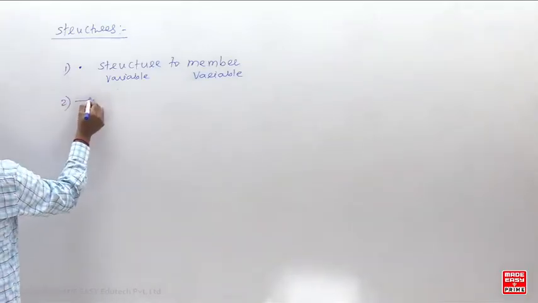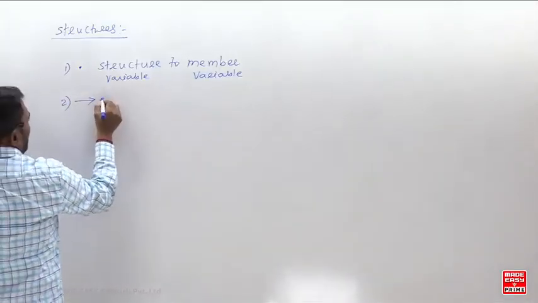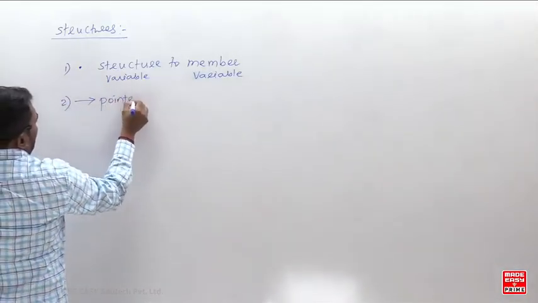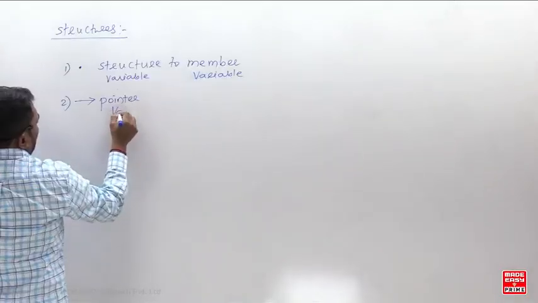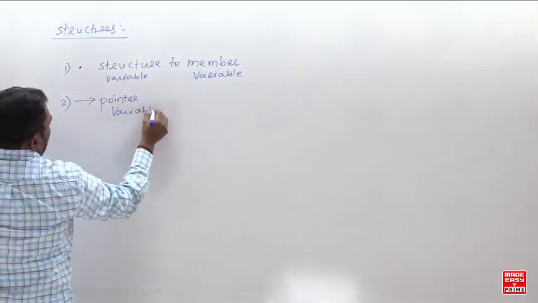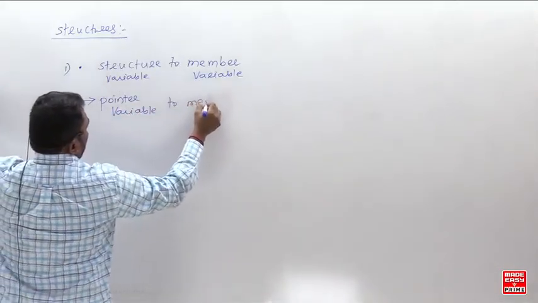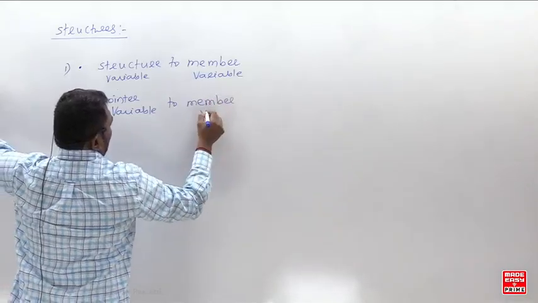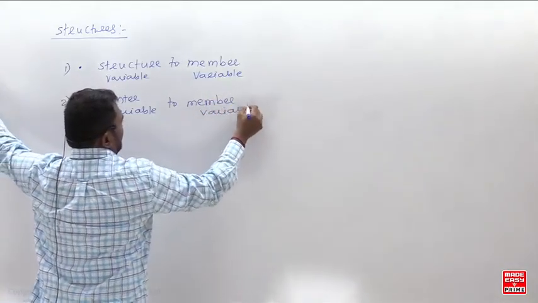And next one is an arrow. This is pointer variable to member variable.